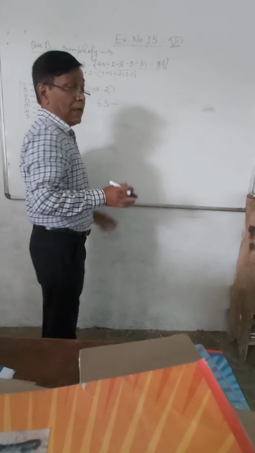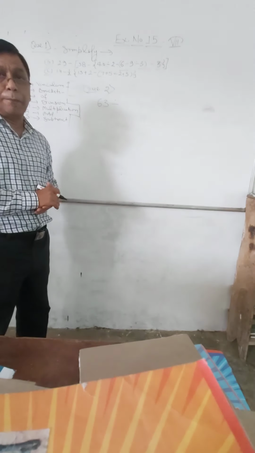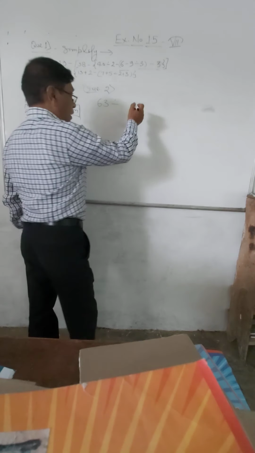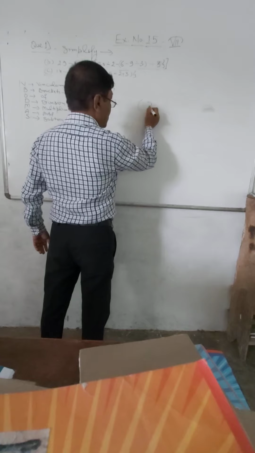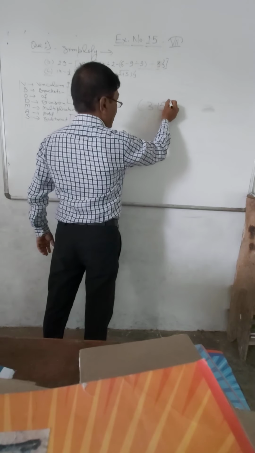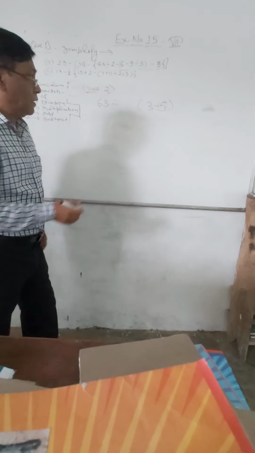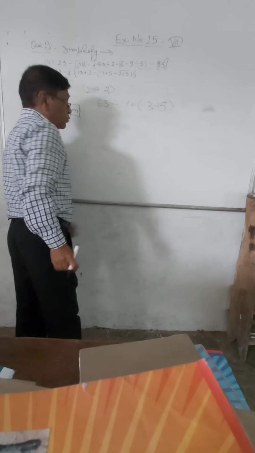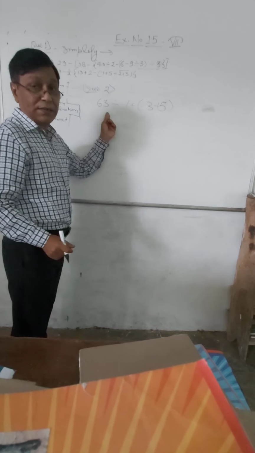1 more than the sum of 3 and 5, that is, 1 more than the sum of 3 and 5. Or you can write 3 plus 5, this is the sum, and one more than this, plus 1. So from this you have to divide 63.